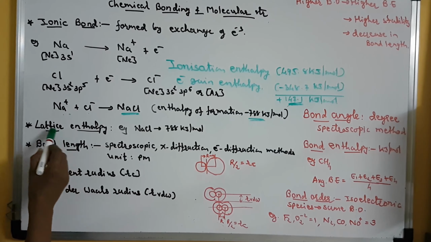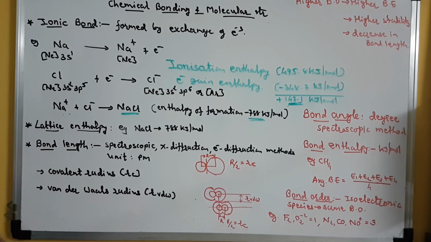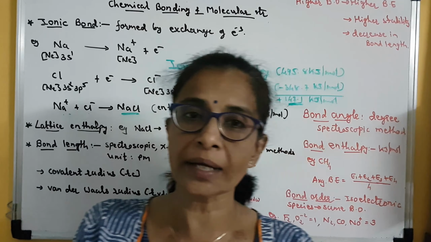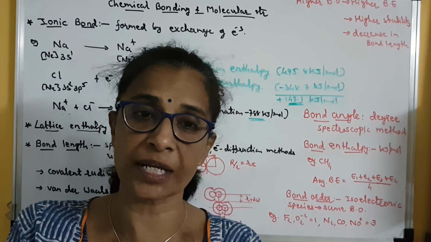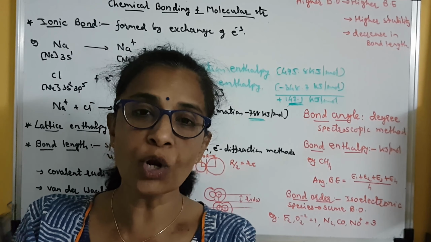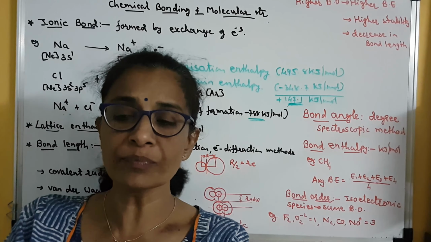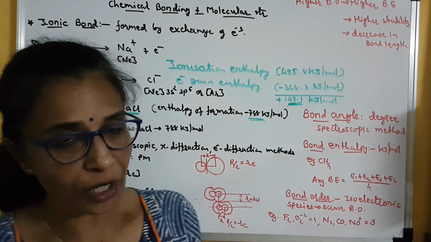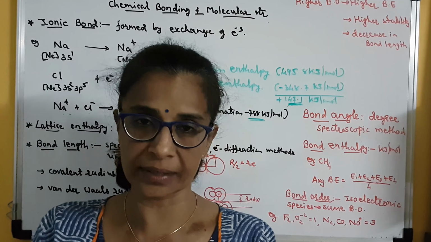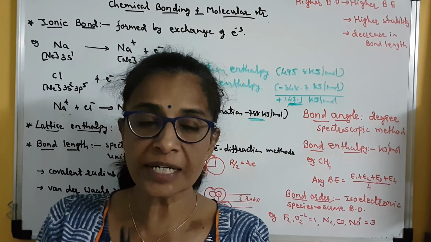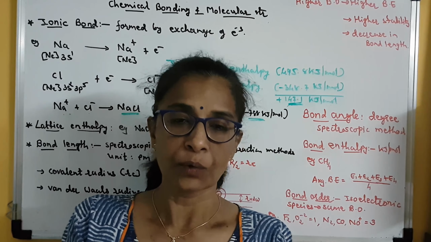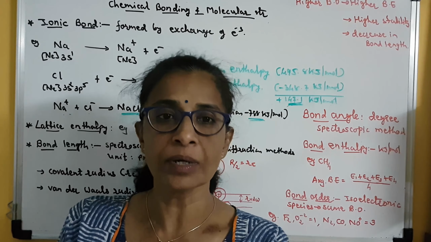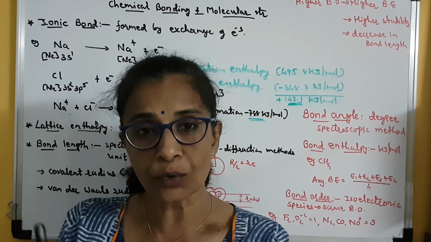So now let us talk about lattice enthalpy. Lattice enthalpy is the amount of energy required to completely separate 1 mole of ions from the solid compound. Clear? I repeat, the amount of energy required to completely separate 1 mole of gaseous ions from 1 mole of ionic solid.